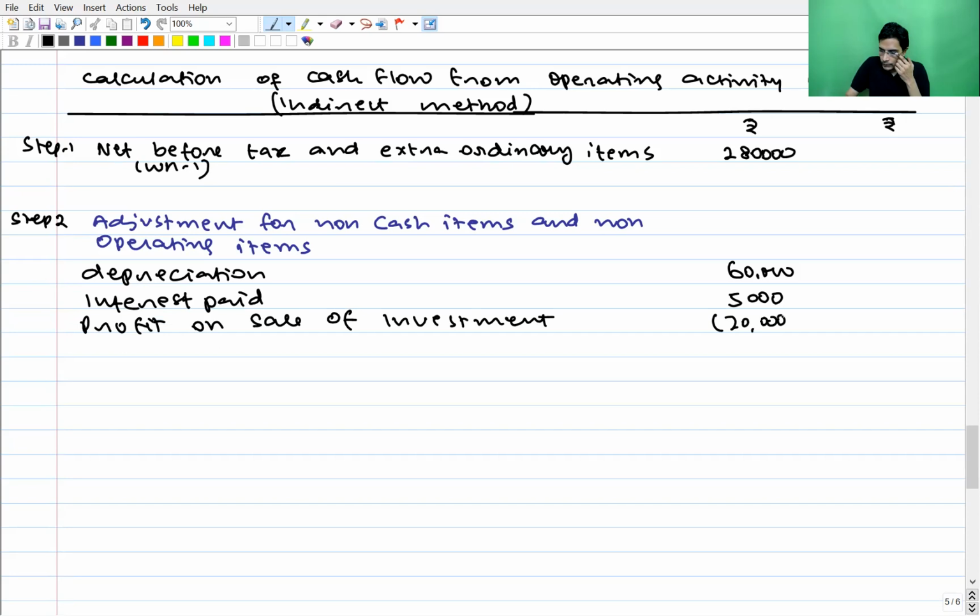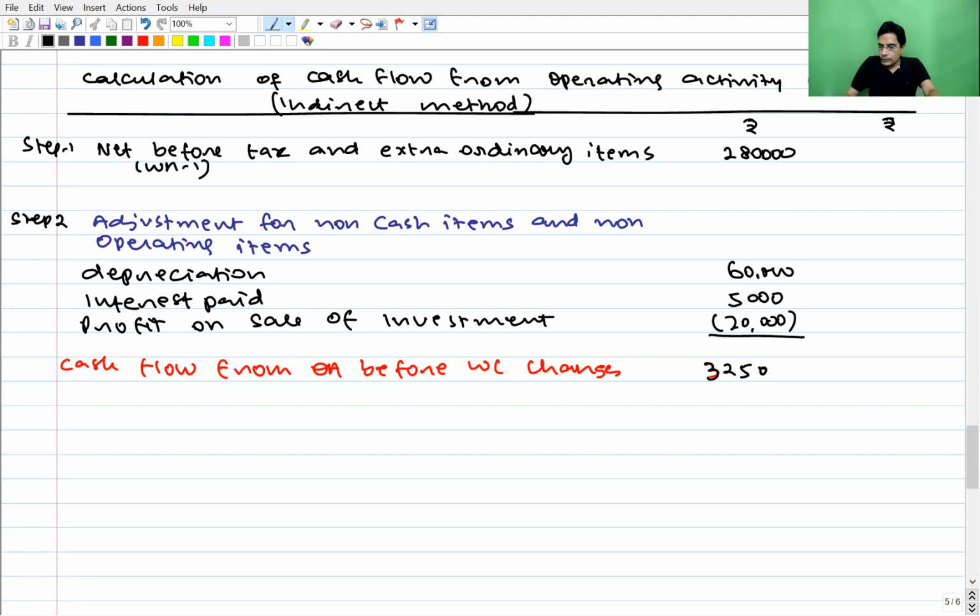But this is not an operating activity item, so to find the operating activity cash flow, we have to remove it. We will get cash flow from operating activity before working capital changes. So it will be 3,25,000.